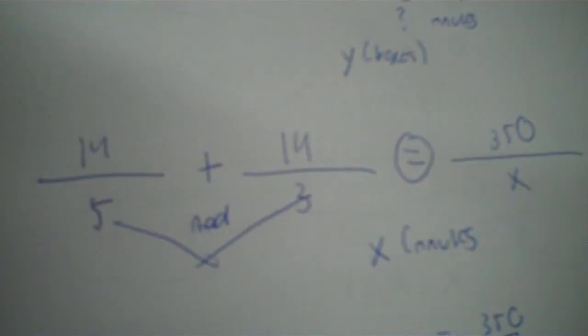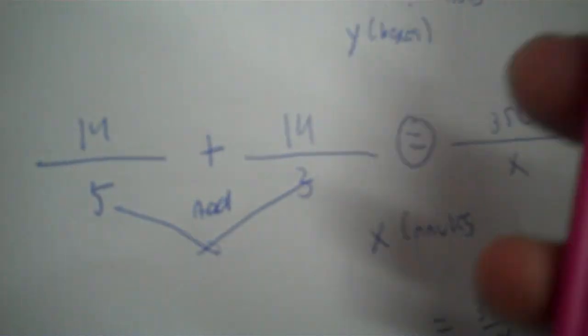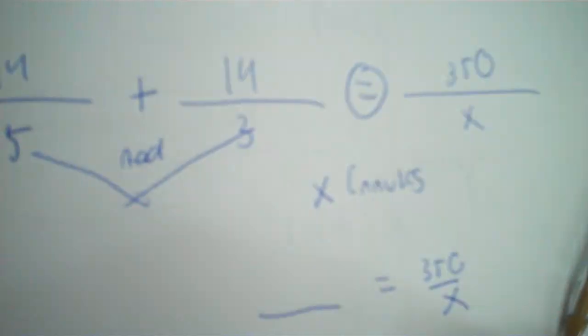You have to get a common denominator, but I'm going to use my calculator to add the fractions. So 14 fifths plus 14 thirds. That is not good to have. If you have that, to get it into an improper fraction, you go second ABC. 112 over 15.